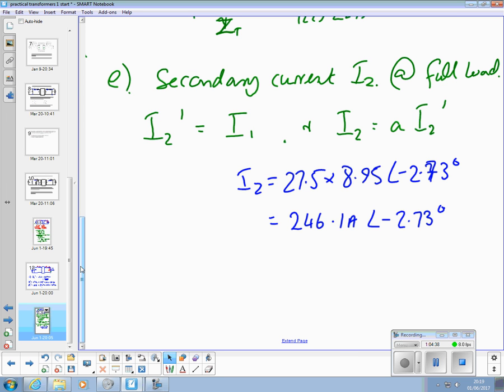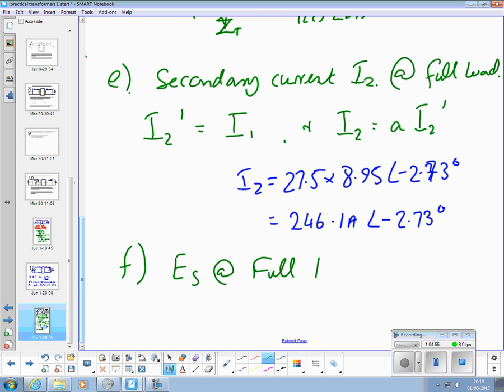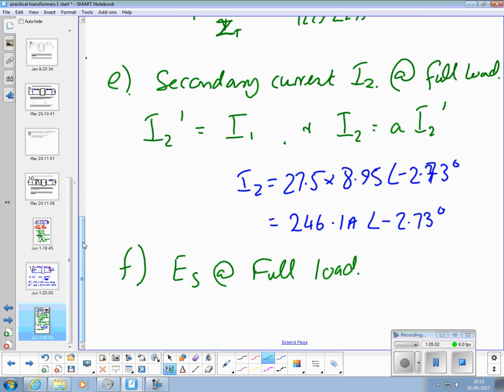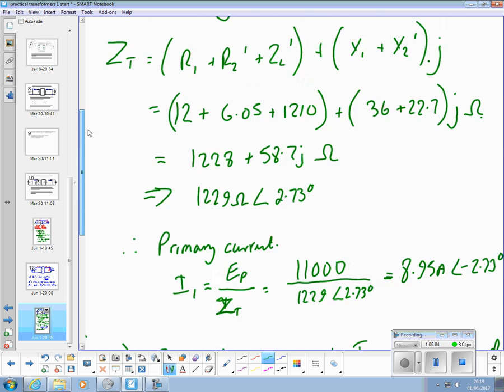What I do want lastly, remember we talked about the nominal voltage of the secondary, we used 400 volts. What do we actually get after these losses? So we're going to find E2 at full load.